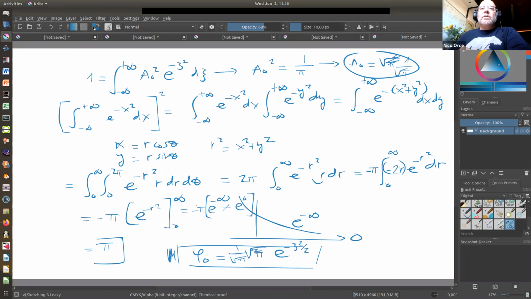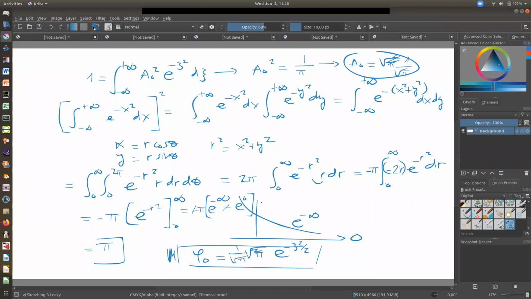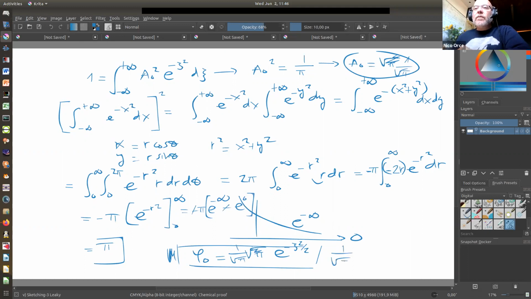So minus and minus is plus, right? Okay. And basically you're right. This is the final. Let me just write it down here because it's 1 over square root of pi e to the minus this one, right?